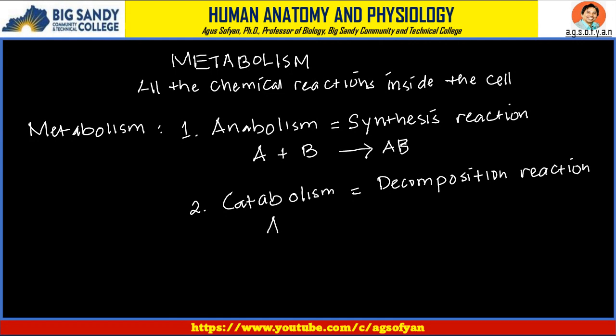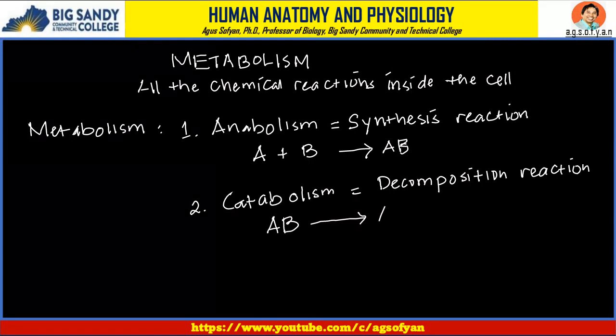For example, if we have a bigger molecule like AB, it will be broken down into A plus B. Okay, so these are the two types of metabolism.